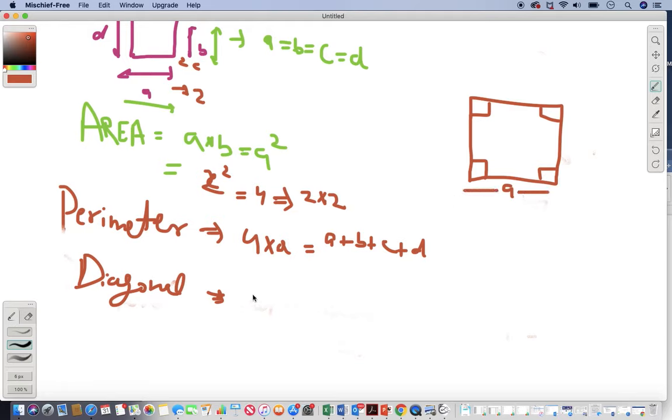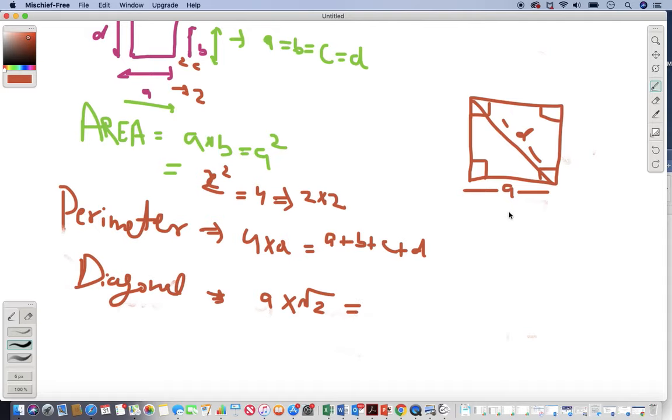So your diagonal D will be A cross square root of 2. The diagonal divides the square into two equal parts.